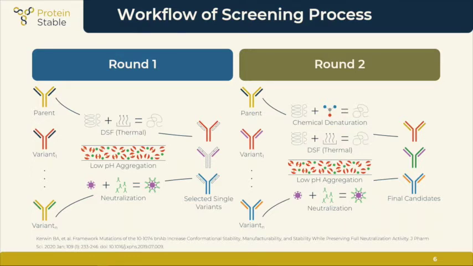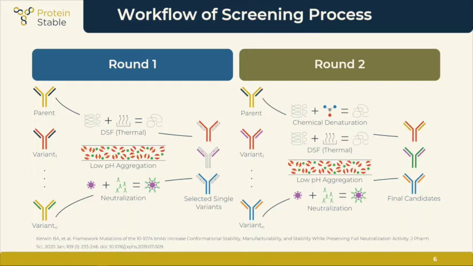And they were assessing the change in stability of these antibodies through techniques like thermal denaturation via differential scanning fluorimetry, or a low pH aggregation study that used high performance size exclusion chromatography, and then a neutralization assay to ensure the antibodies were still doing their job, that they haven't lost any functionality. And so after the first round of measurements, they were able to identify a few select single variants that increase the stability of the antibody without compromising on the functionality.